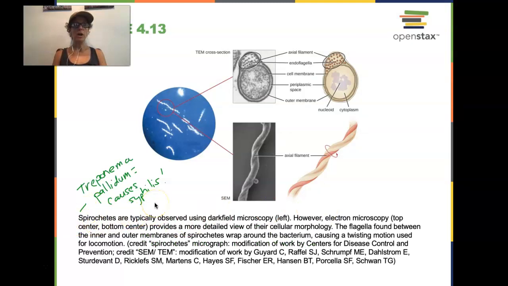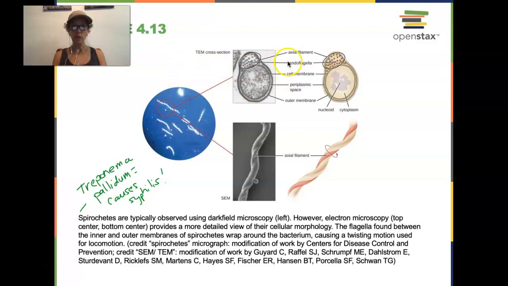Spirochetes we saw in our microbial morphology. In this scanning electron micrograph and in the cartoon, we can see it has this filament that gives them a corkscrew appearance, and they do spin as they move through liquid media.